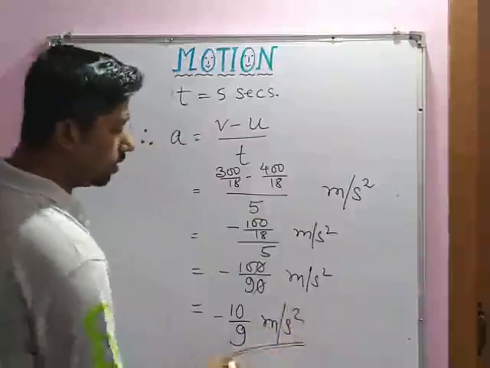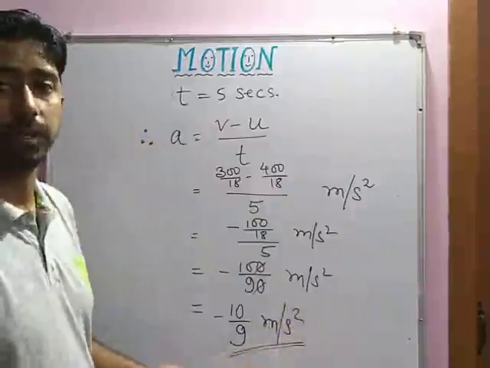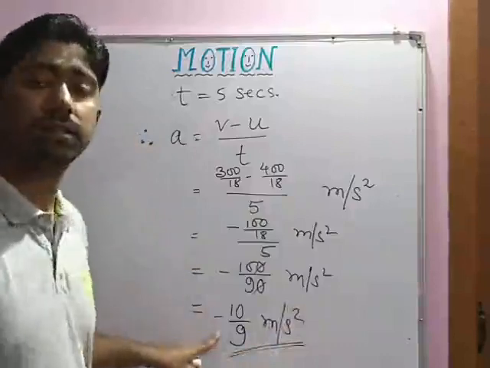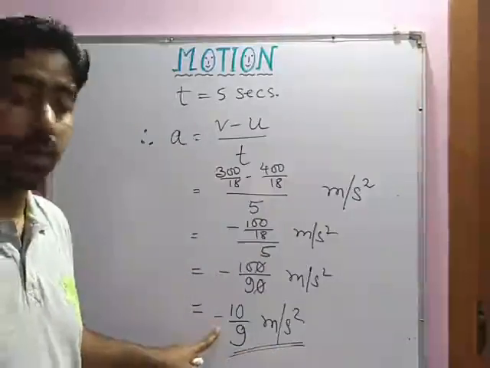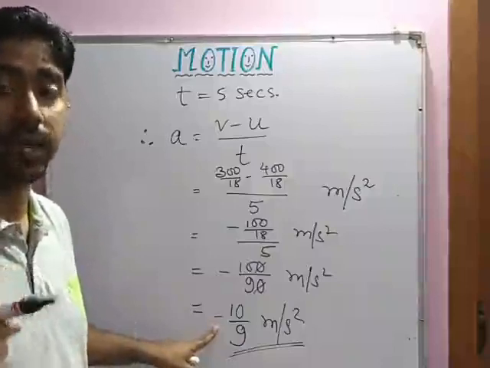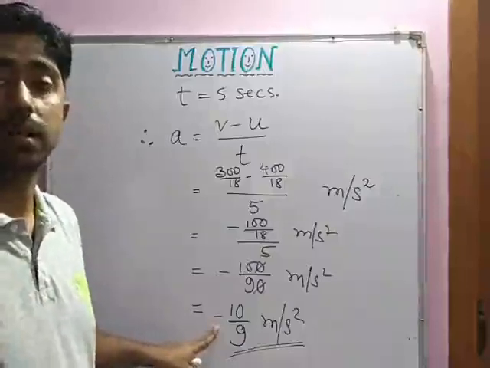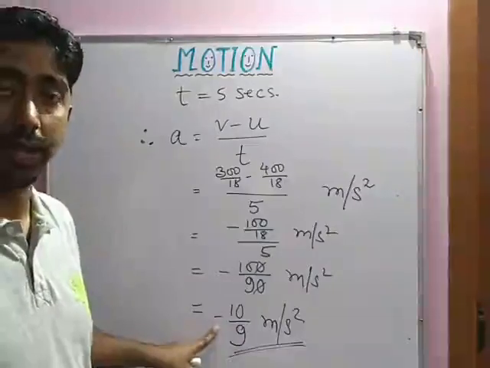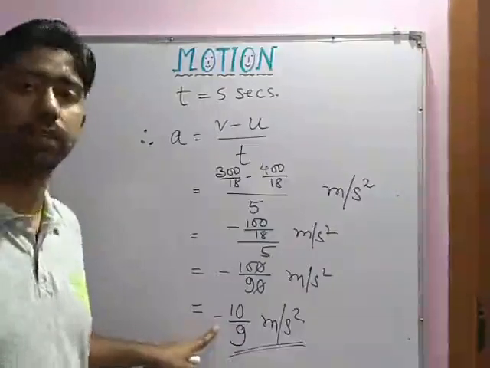So this is your answer for this particular numerical. You see the acceleration here is negative. That means the velocity of the body has dropped. It has decreased, which is already given in the question.